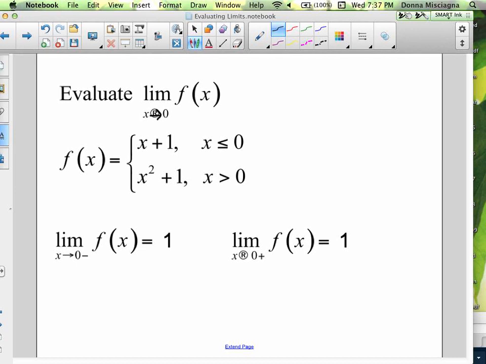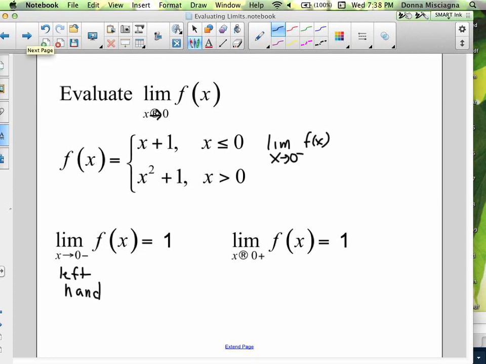All right, so from our left-hand limit, just a reminder, that negative after the 0 means left. From the left-hand limit, we'd plug into this one. This would tell us the limit of our function as x approaches 0 from the left.